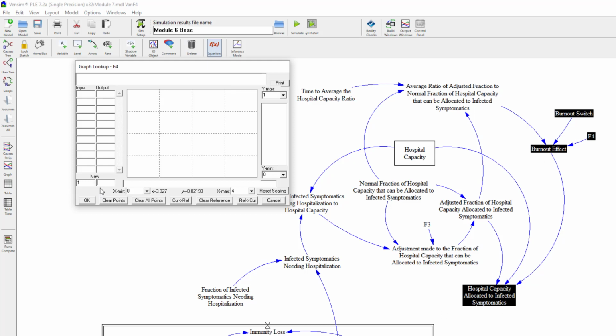This burnout effect will be 1, because when we multiply by 1, it doesn't change whatever the hospital capacity is. If the average ratio is lower than 1, that means the adjusted fraction is lower than the normal fraction, and again there is no burnout effect.